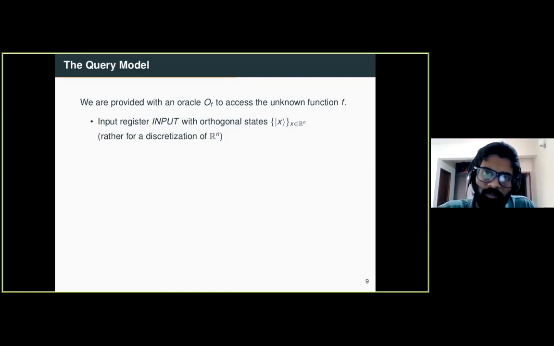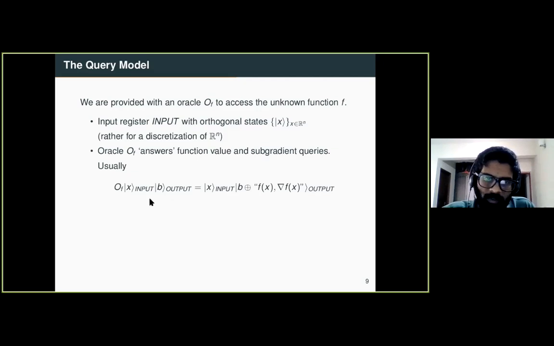But formally, the model is this: the algorithm designer has to provide a discretization of R to the n, and then you will give them their oracle, which supports these values of x. The behavior of the oracle is as you expect it to be usually.